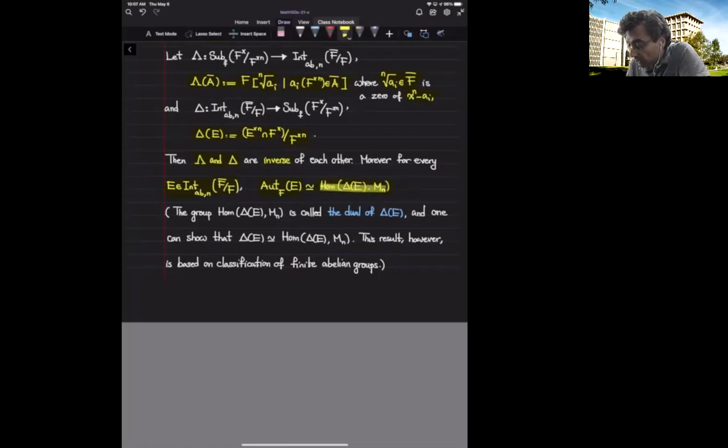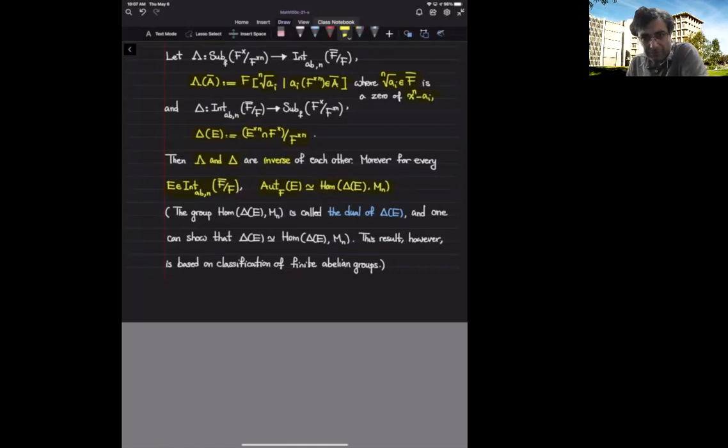This group is called the dual of delta of E. And we are going to show that this Galois group is isomorphic to the dual of delta of E. One can show that duals of abelian groups are isomorphic to the abelian groups. This can be done using the classification of finite abelian groups, and that we will discuss later.